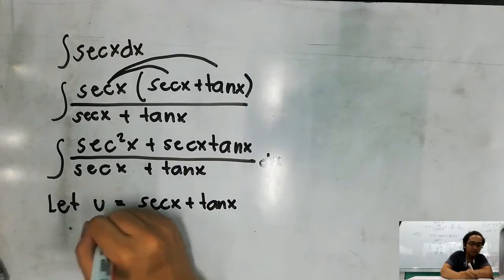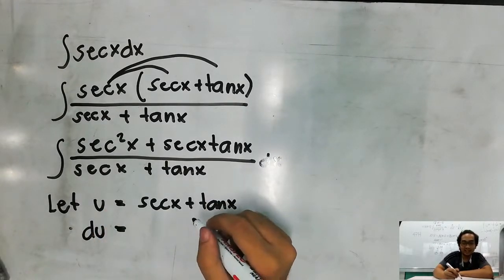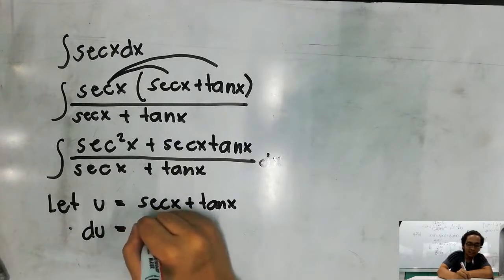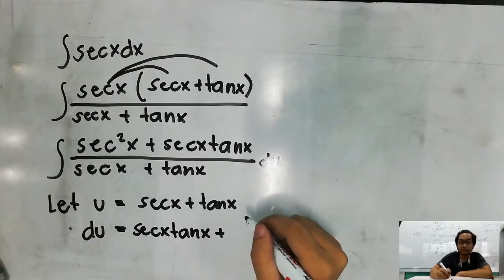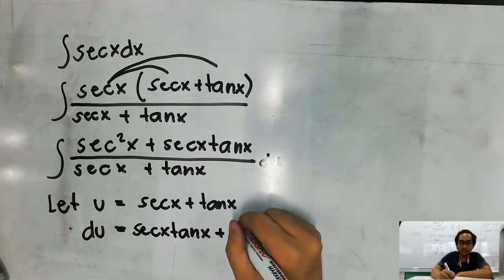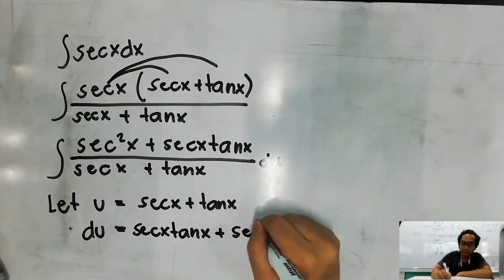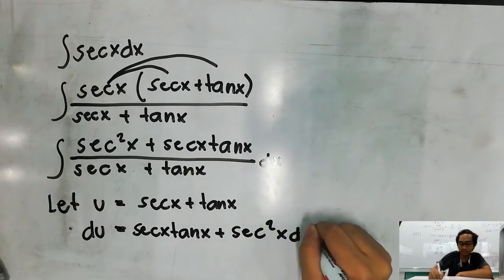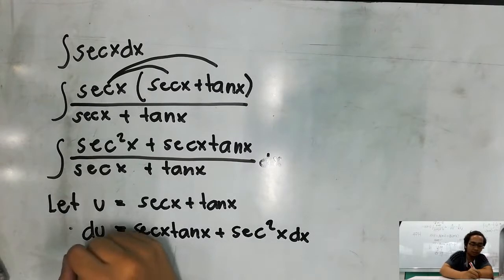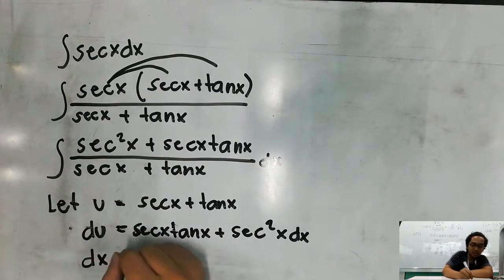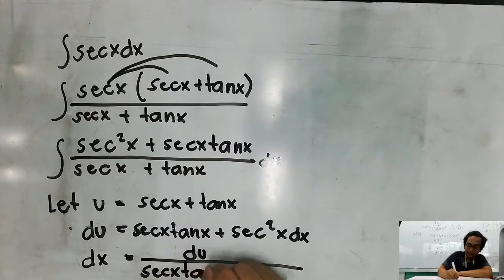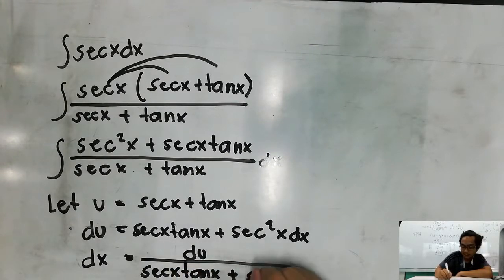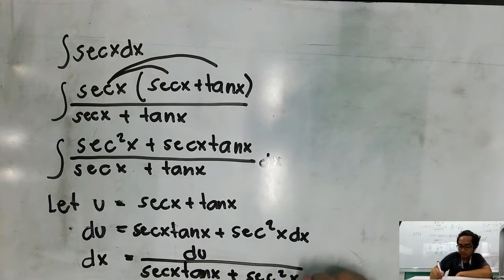Then the derivative of secant x is equal to secant x tangent x, plus the derivative of tangent x, which is equal to secant squared x dx. Then dx is equal to du over secant x tangent x plus secant squared x.